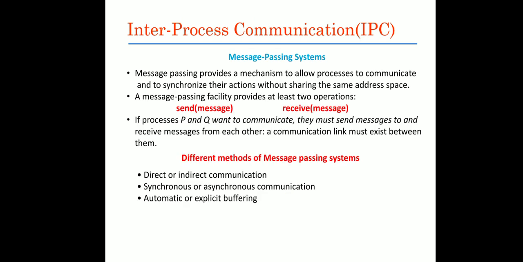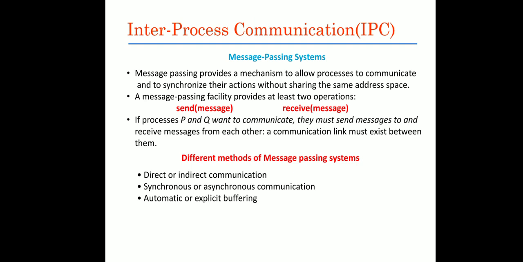Next model is the message passing system. This message passing system uses a mechanism to allow processes to communicate and synchronize their actions without sharing the same address space. As I said, in the shared memory concept, we use common or shared memory for exchanging information, but in message passing we do not use the common or shared memory concept.